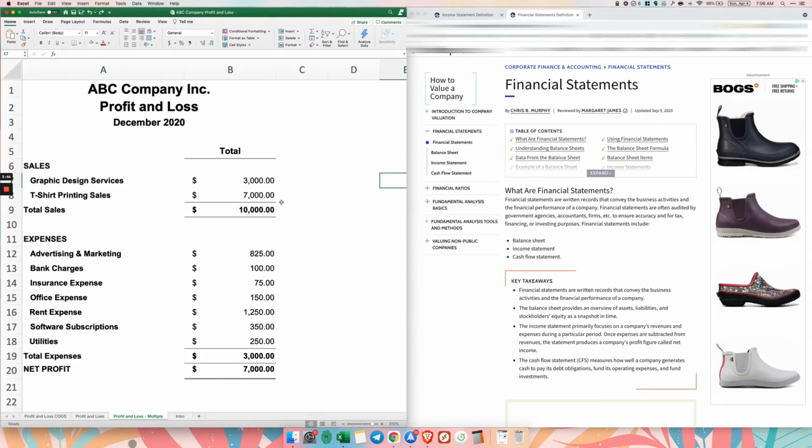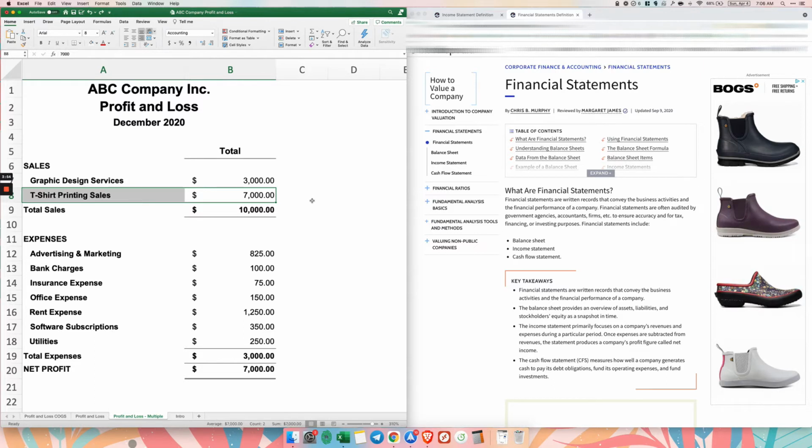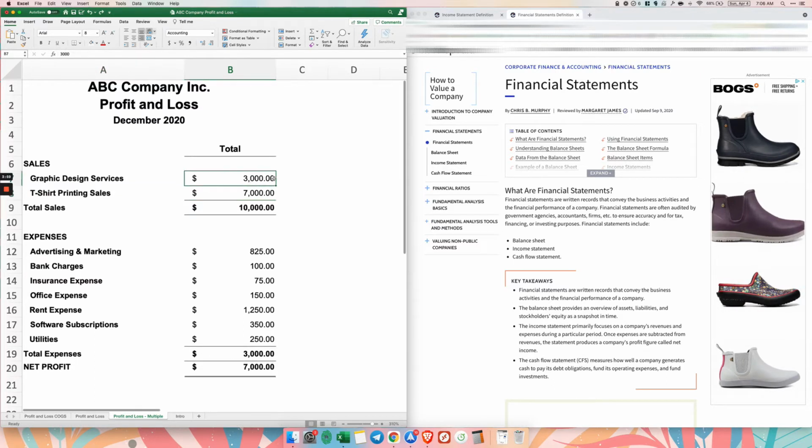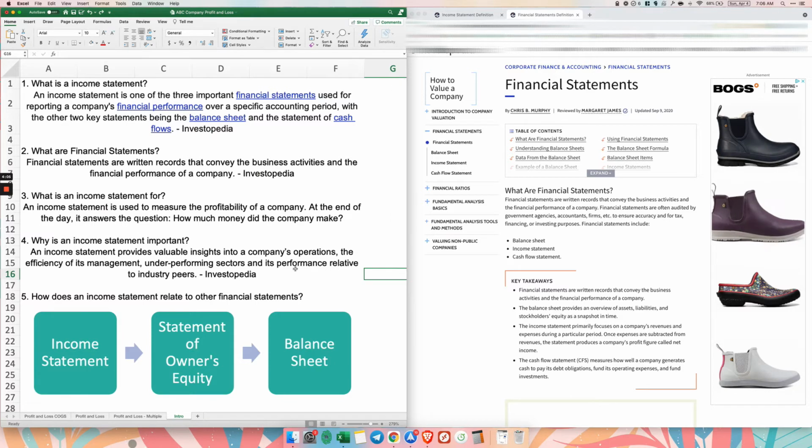So maybe you want to focus your energy on growing this part of the business instead of this part of the business, since this produces twice the sales of this, or more than double the sales of this, right? That's what I mean about underperforming sectors. Now, it says performance relative to industry peers.